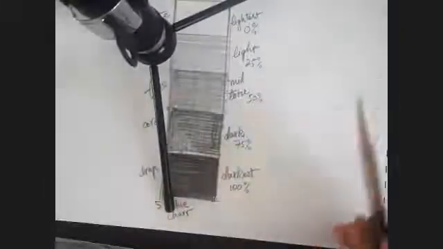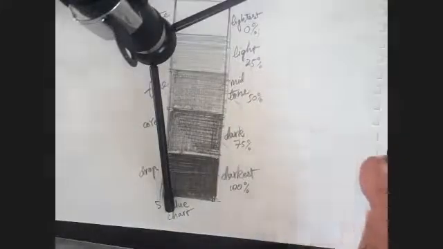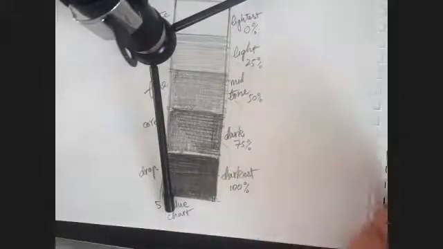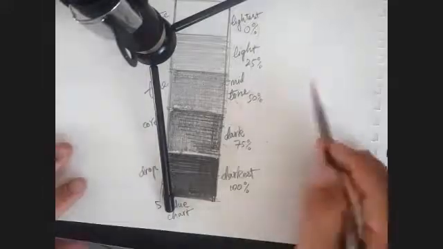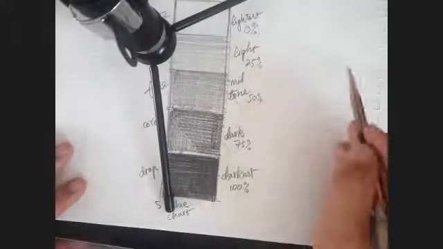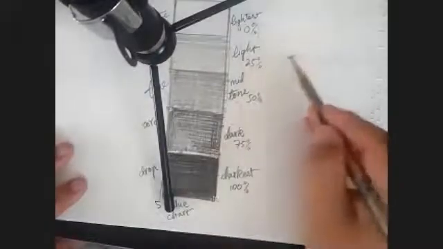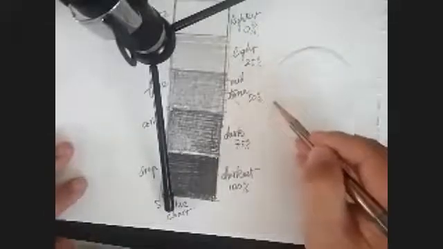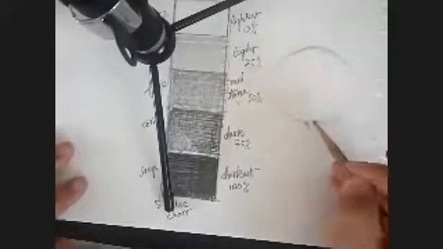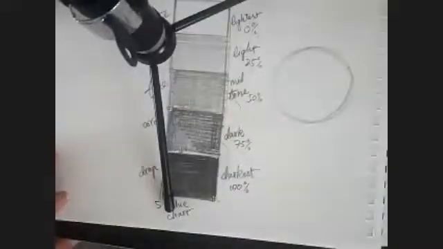Okay, so this is what I'm gonna do. I'm gonna draw a real object, a sphere, and you're gonna follow me step by step. All right, so this is the sphere. First of all, I will draw a circle. Okay, this is a sphere.